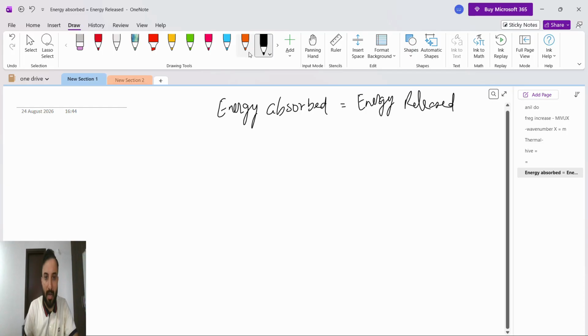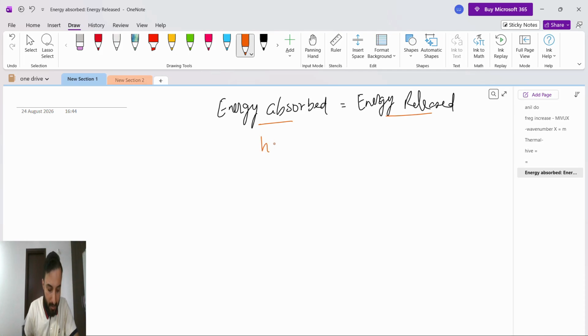How much energy the black body is absorbing, that much energy it is releasing. So how much energy? Let's suppose I take h mu 1 for absorbed, and for released I will say h mu 2, correct? How much energy it absorbed, that much energy it released.